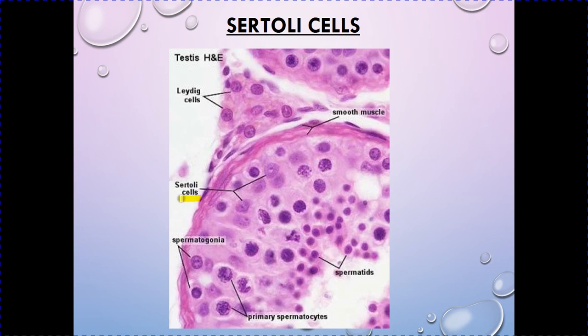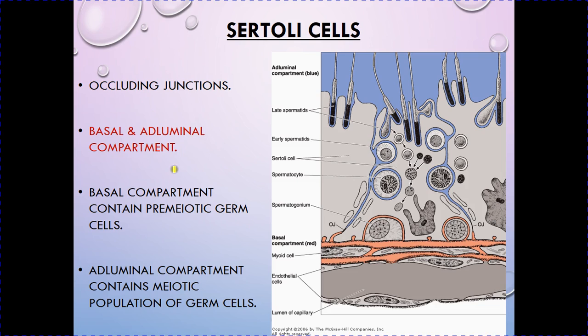This is an image of the Sertoli cells. Now you can see these are the Sertoli cells. They are tall columnar cells having basally located nuclei. Now the Sertoli cells have occluding junctions. They are united with other Sertoli cells by the help of occluding junctions. See, these are the occluding junctions.